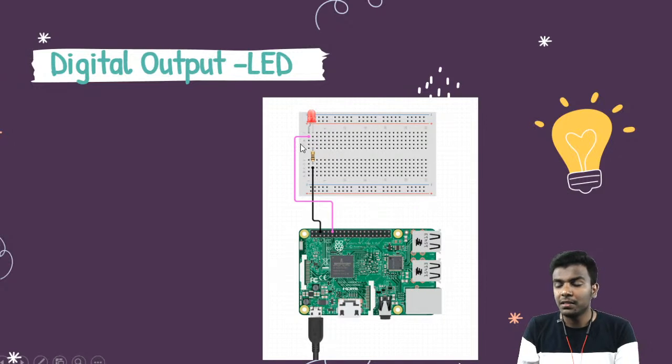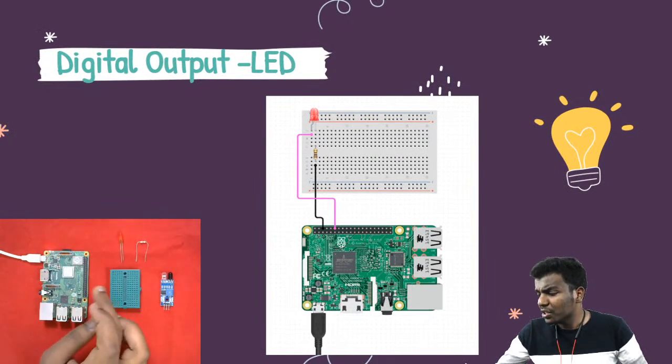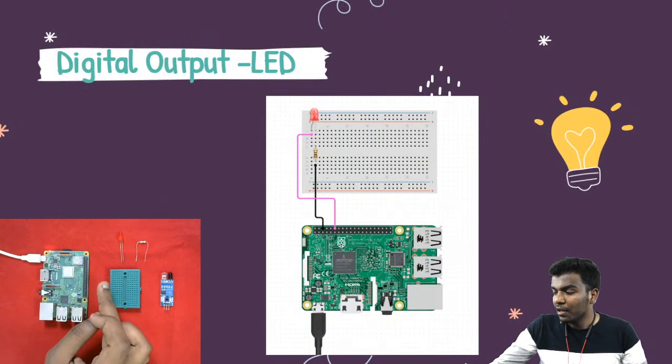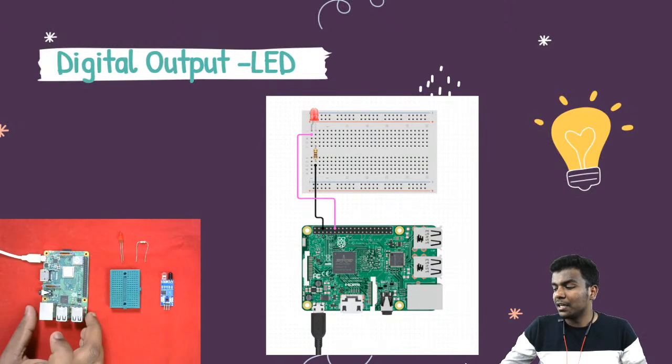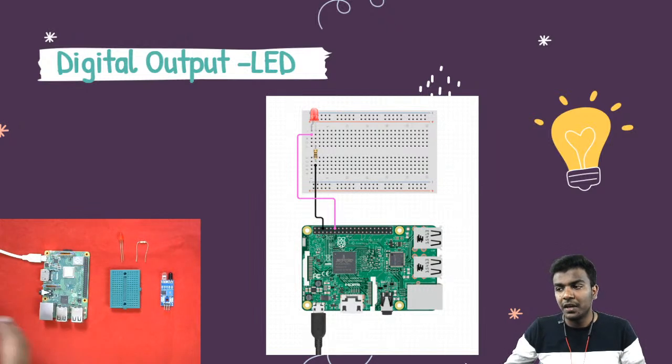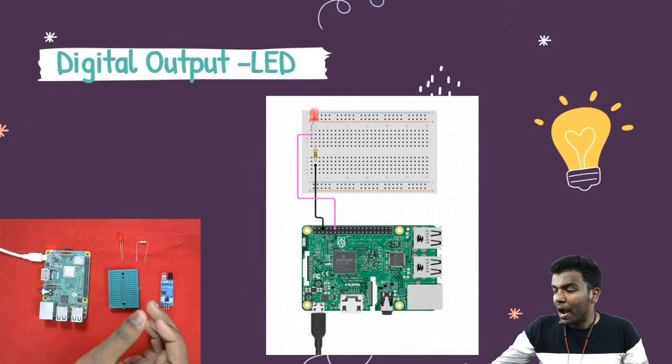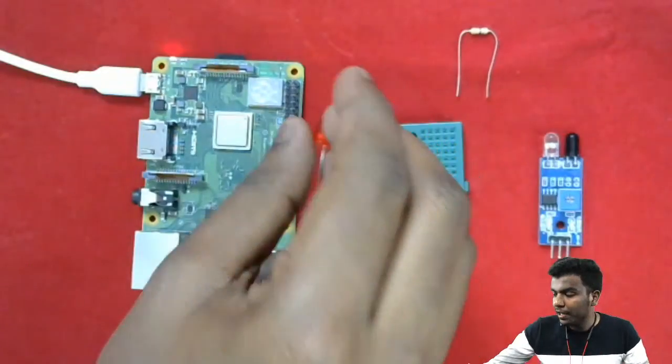In this hardware you can see the connection. First of all, here we have the Raspberry Pi. Always place the Raspberry Pi with the USB port facing towards you, so that the pin number identification will be very easy. Then here we have the LED.